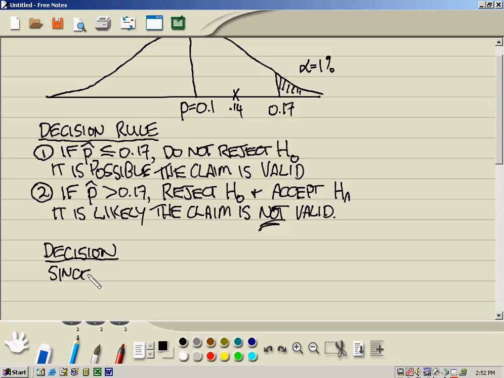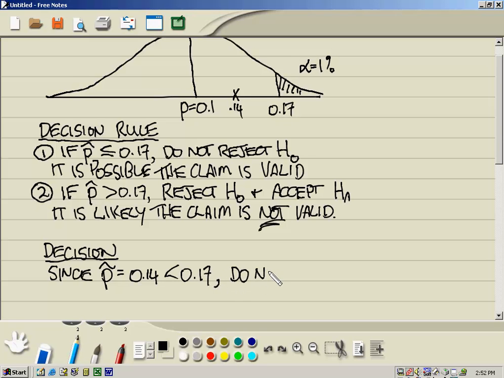Since p hat is 0.14, which is less than the upper limit of the critical region at 0.17, that means that 0.14 is in the acceptance region, it's in the realm of normal sampling error.